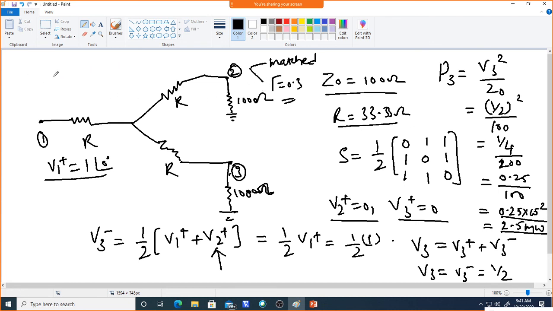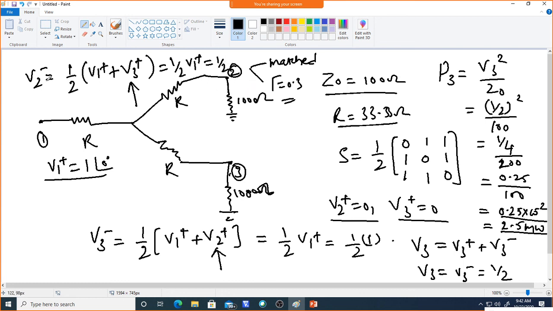We need to find V2 minus, which is half of V1 plus plus V3 plus. Since port 3 is matched, V3 plus is 0, so it is half of V1 plus, which is equal to half.